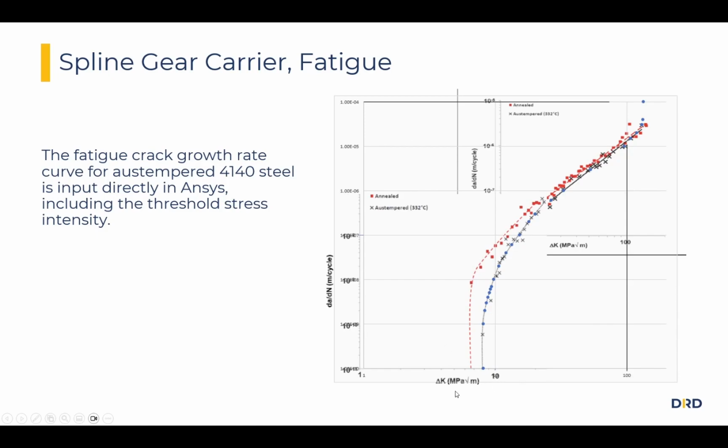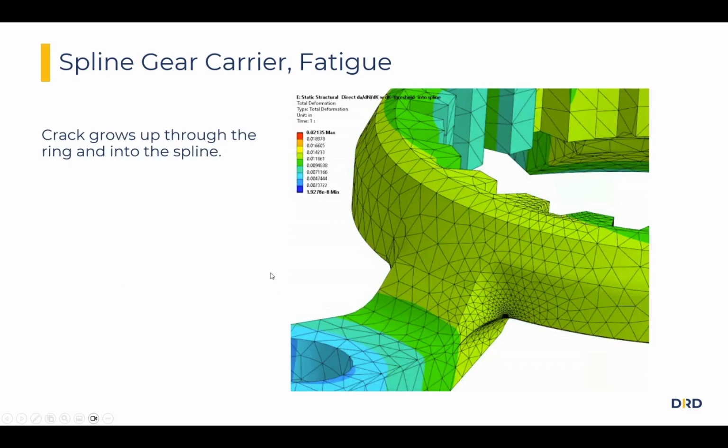So for example, if the calculated stress intensity factor range is 10 megapascal root meters, then we can go up to this curve, this blue set of data points here, and then over to the left, and that would be the crack growth rate, and Ansys would calculate the number of cycles from that. So Ansys will do that throughout the entire simulation. Every single node that exists on the crack front, it'll calculate the number of cycles.